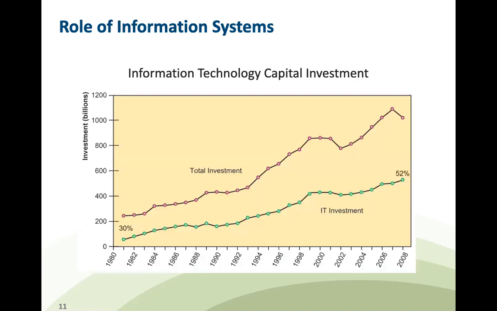So when we look at the information technology capital investment, you can see it has increased. The investment that is being done for IT, information technology, has increased if you consider from the 1980s to 2008. You can see it started with around 50 billion and it has moved up to about 500 billion.